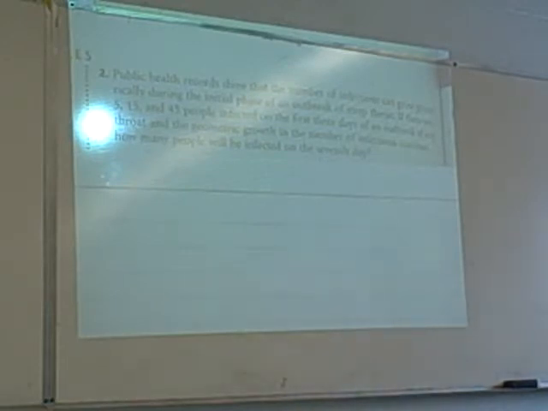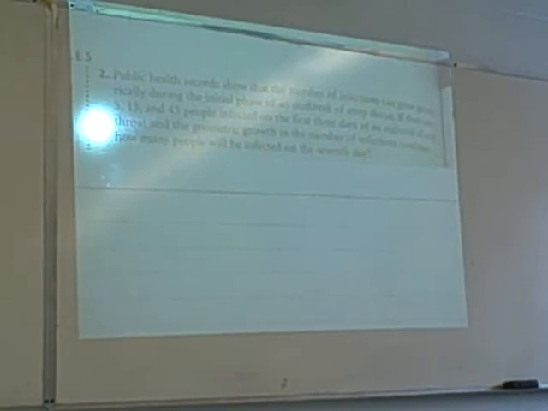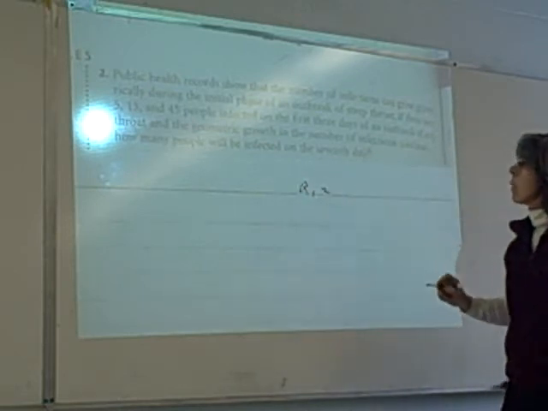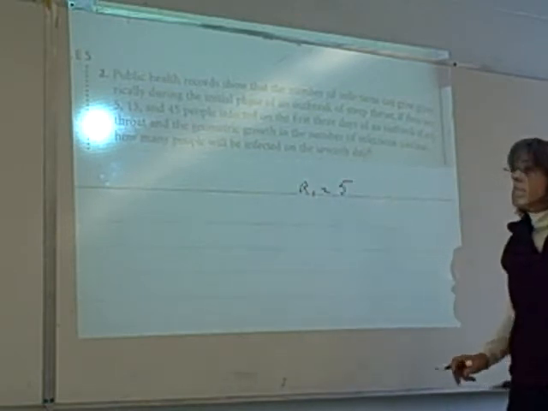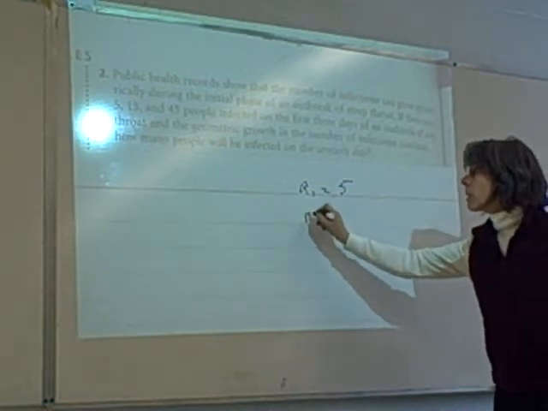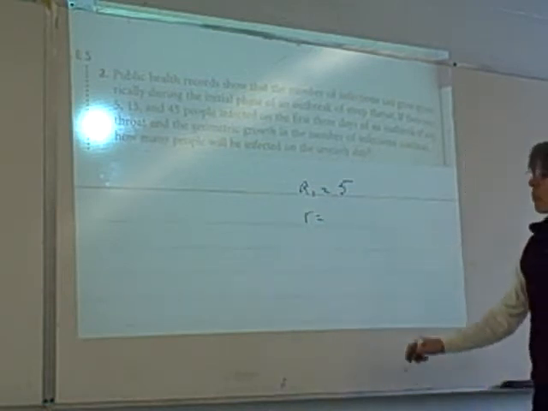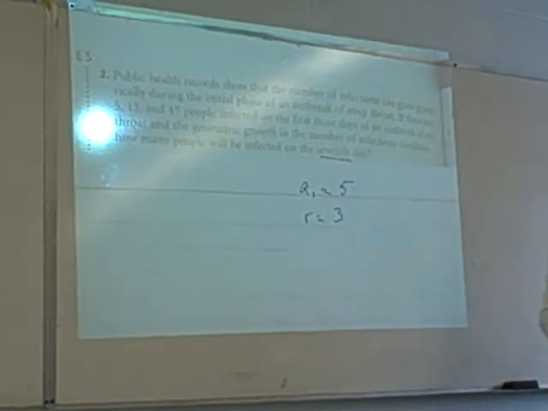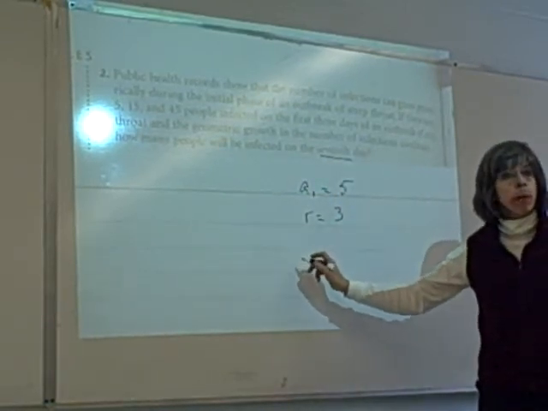Same approach that we used last time. What do we know? The first term. Do we know the first term? So I know a sub 1 is what? 3. Can I figure out a ratio? Ratio is 5. And what are they asking me to find? The 7th. How do I write that?